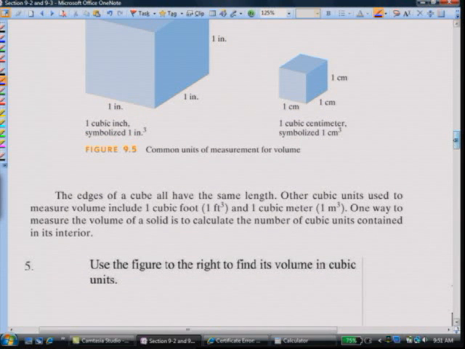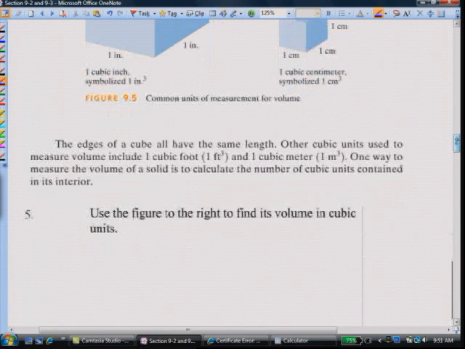One way to measure the volume of a solid is to calculate the number of cubic units contained in its interior. You can also use calculus to calculate the volume of a figure. It's kind of interesting because the integral has to do with just adding up things, or summing things.